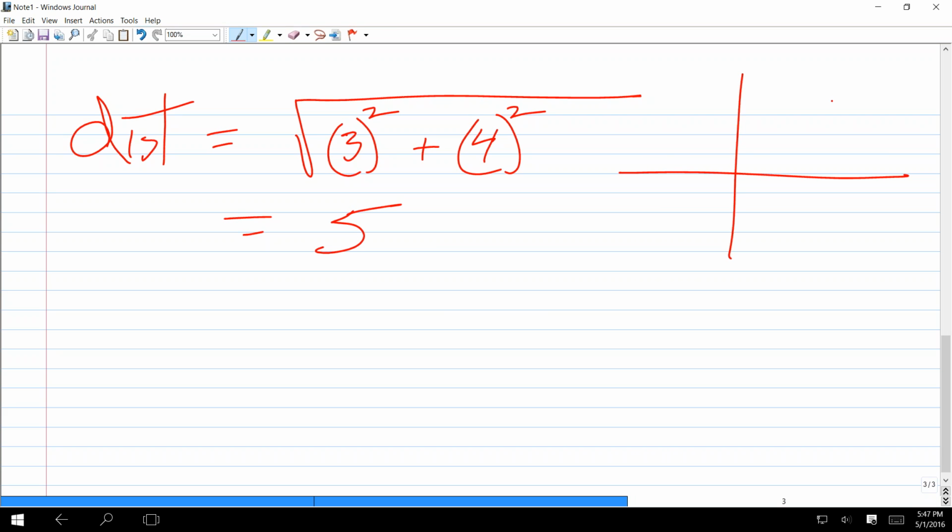In other words, here was the point 3, 4, and there was the other point 0, 0. If I make my triangle, this side is 3, that side is 4. If you recognize a 3, 4, 5 triangle, you wouldn't have to do any math. You could just put the 5 right there.